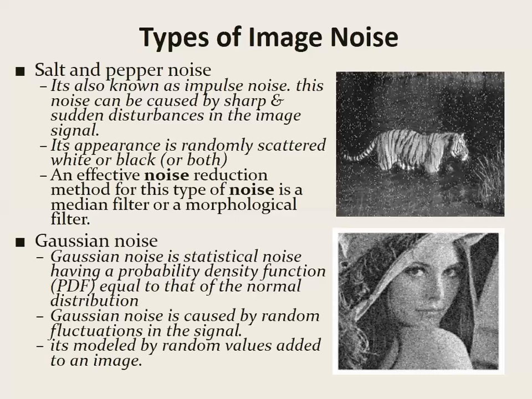The other critical noise is Gaussian noise. Gaussian noise is a noise which is normally distributed. In a normally distributed curve, from the 2 ends the image is free from noise, but the noise is concentrated at the middle of the image at some specific point.